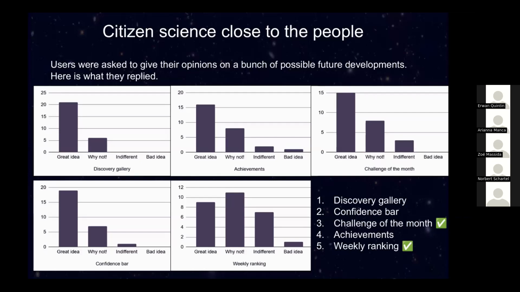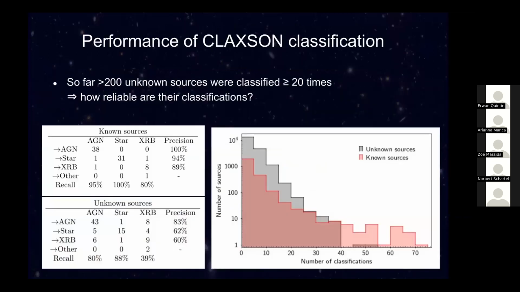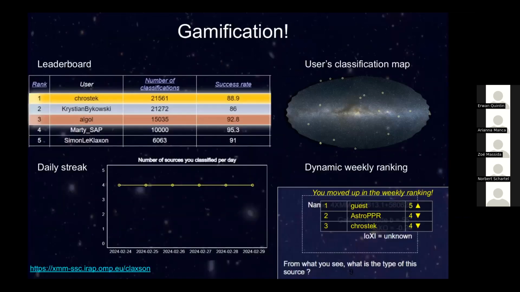Well, thank you very much, Hugo. I've been using Klaxon a lot, but I was wondering, how would you deal with the fact that anyone could blindly say this source is an AGN and still get something like 90% accuracy, since this is a very unbalanced sample? So the training sample is not as unbalanced as this. It's not 90% AGN, but maybe 60%.